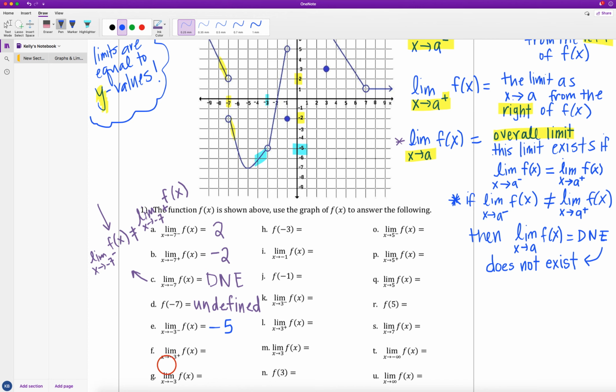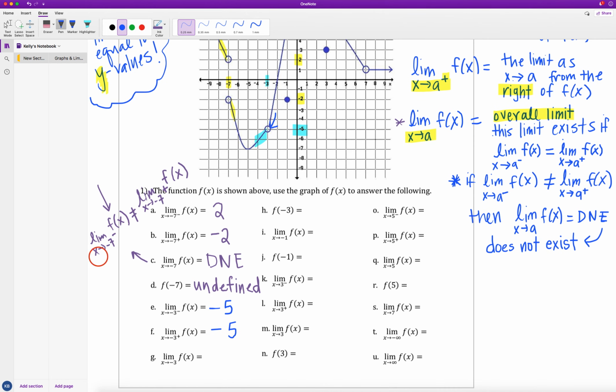Now we can do the same thing from the right side of -3. So the limit as x approaches -3 from the right, we're paying attention to this same area ultimately as it comes in. We're dealing with that same y value there of -5.